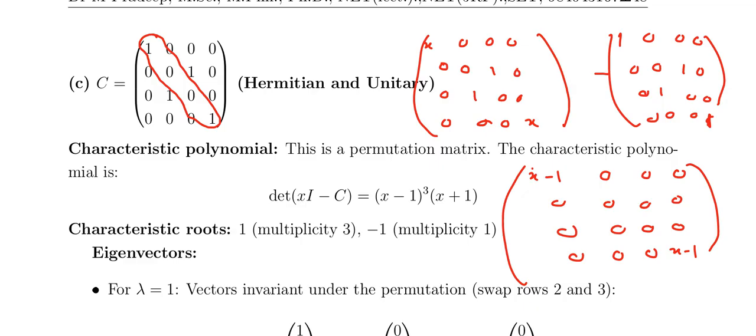Just explain பண்ணணும். This is the zero matrix. To get the x minus 1 whole cube.